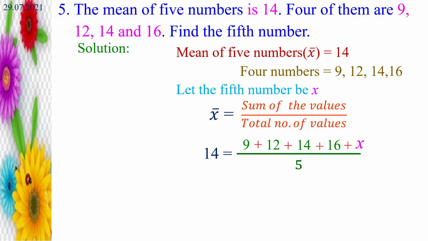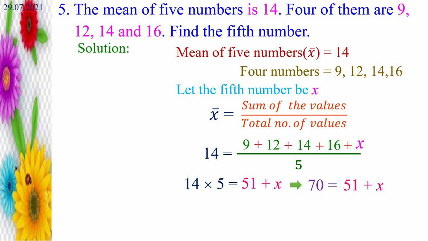On adding, we get 51 plus x. 5 should be transposed to the left side as multiplication. So 14 into 5 is equal to 51 plus x. Now on multiplying 14 and 5, we get 70 is equal to 51 plus x.